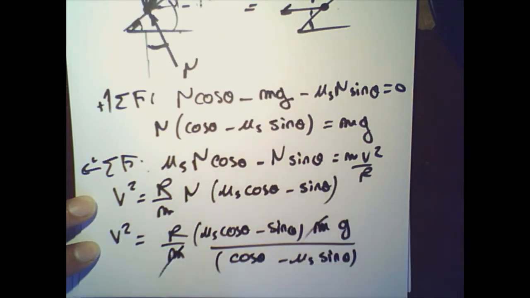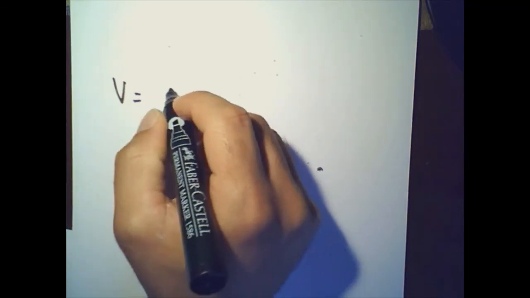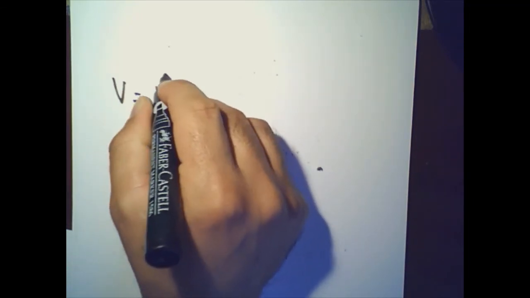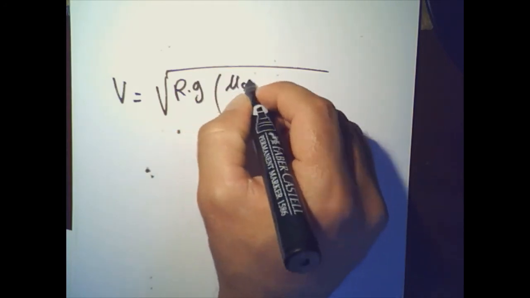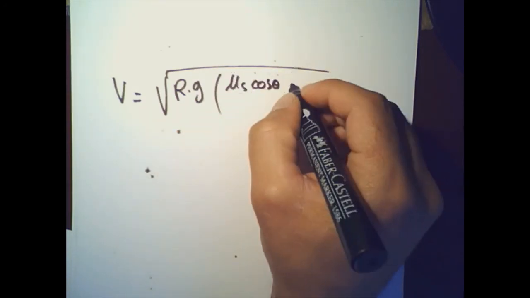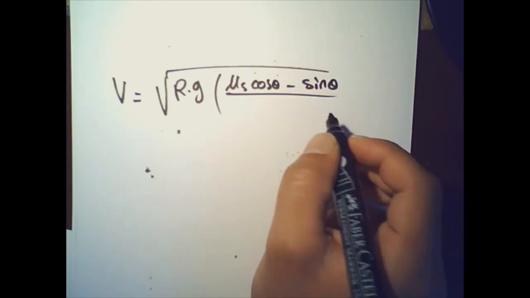So m and m cancel out, and the velocity is going to be equal to the square root of r times g times mu s cosine theta minus sine theta divided by cosine theta minus mu s sine theta.